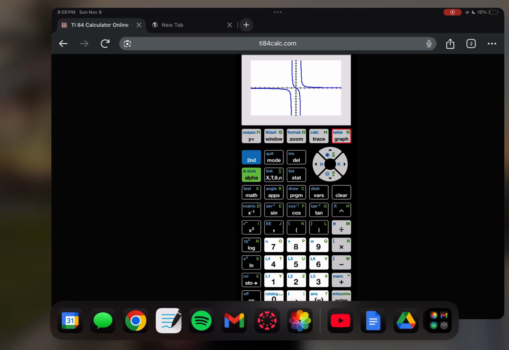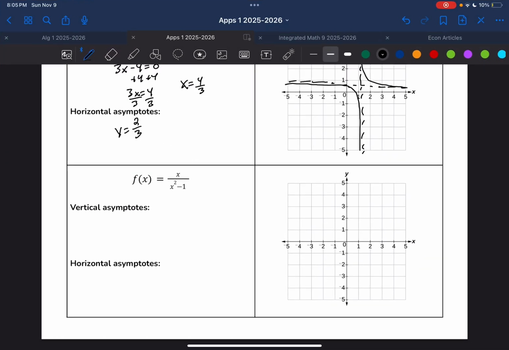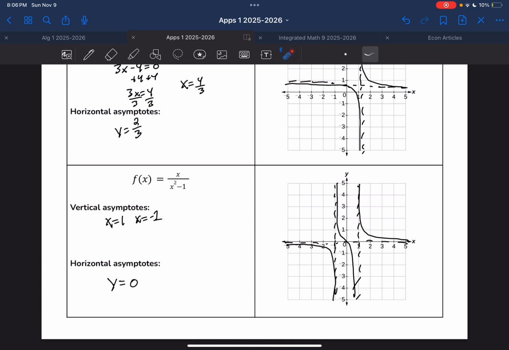And if we graph that, we see that it looks something like this. So visually, we see that we have vertical asymptotes at 1 and -1, and a horizontal asymptote at y equals 0. We can confirm that using the analytical approach as well.